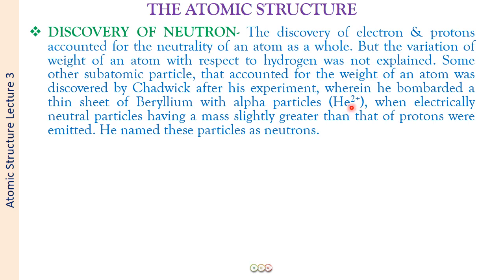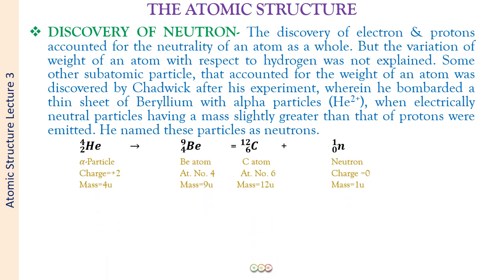So alpha particles are basically helium atoms which have lost 2 electrons having a +2 charge. And when these alpha particles strike beryllium, they produced what? An electrically neutral particle which was having a mass slightly greater than that of the proton. And these particles he called neutrons. So let us see the reaction. Basically, this is helium.